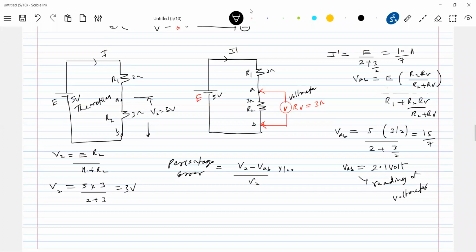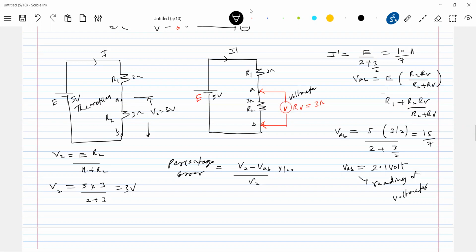The one which has very high internal resistance. So how to make the error totally zero? If a voltmeter of infinite internal resistance comes, then the error will be zero. Infinity parallel to 3 ohm will be 3 ohm only.